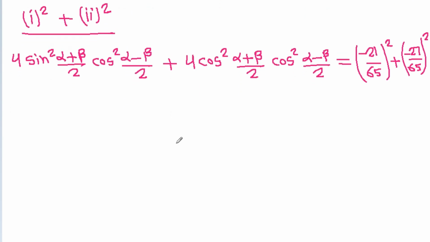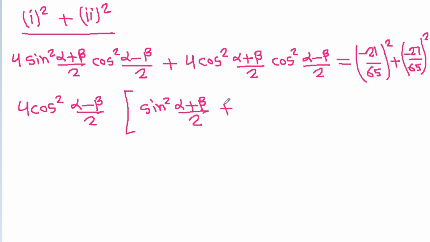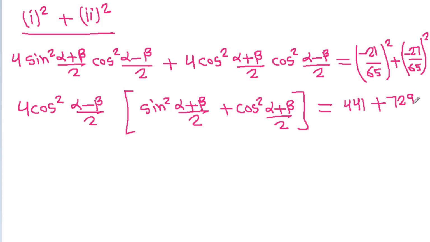And we can take 4 cos square (alpha minus beta) by 2 common, and we will get sine square (alpha plus beta) by 2 plus cos square (alpha plus beta) by 2, which is equal to 1. On the right side, 21 square is 441 plus 27 square is 729, over 65 square.